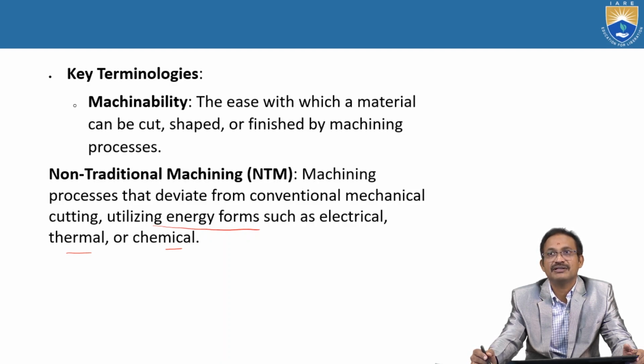If we try to machine them by a conventional machining process, either the workpiece may fail or the tool may fail. But in unconventional machining processes, very surgically we can cut intricate shapes. It is somewhat expensive, but in mass production we will get the benefit.